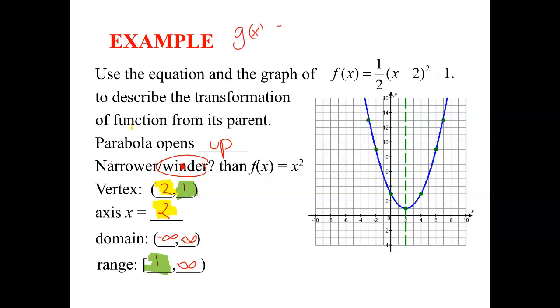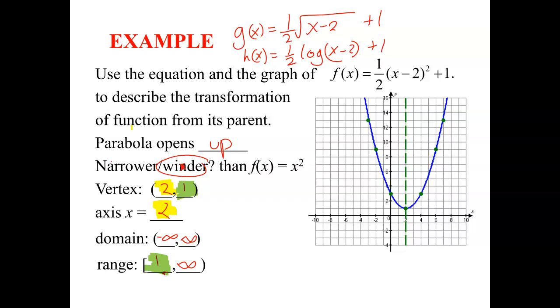I can have g of x equals negative 1/2 square root of x minus 2 plus 1. And it has the exact same transformations as that. I could have h of x equals 1/2 log of x minus 2 plus 1. Same exact transformations.